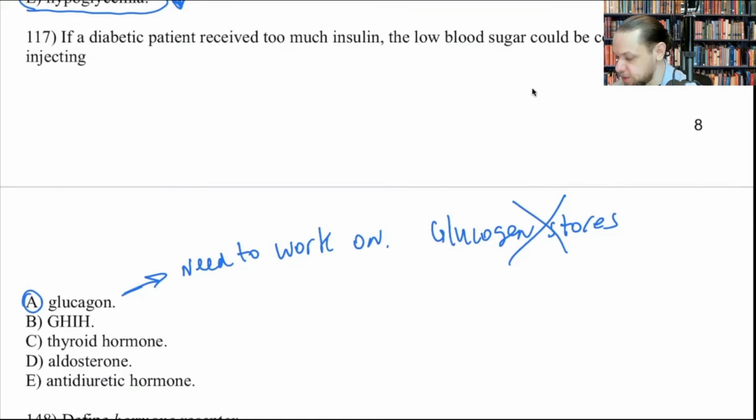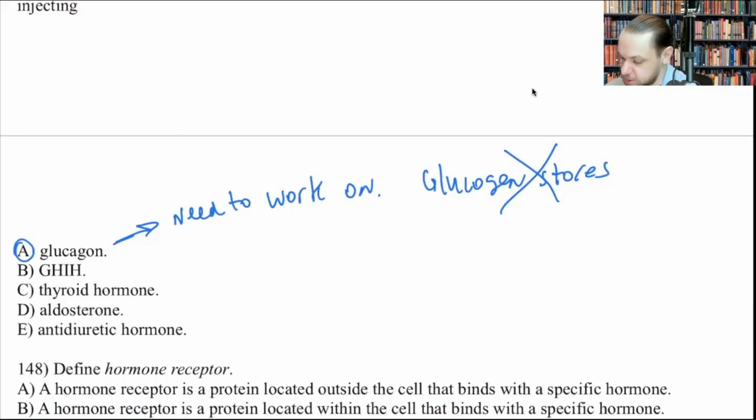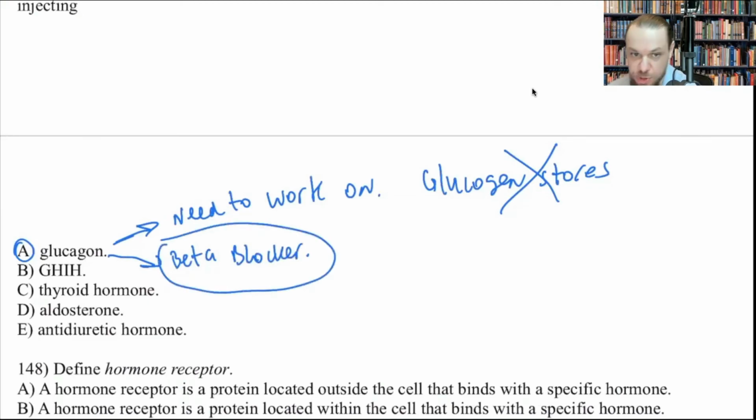But yes, glucagon works on your glycogen stores to mobilize them, break them up, chop them up. If you have no glycogen, you're not going to see any effects. By the way, this also works in a beta blocker overdose, but you need very high amounts of this, which we do not carry in our ambulance.